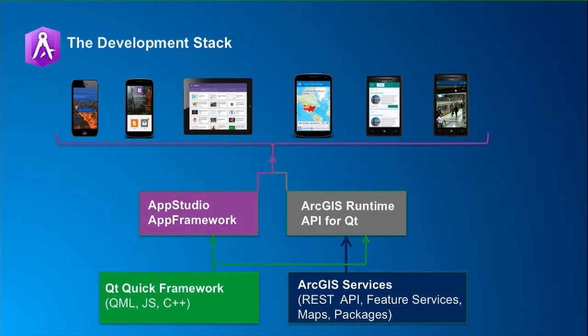So basically, all of the functionality available from Runtime Qt QML can be added and used in AppStudio apps. So it brings the power of mapping and GIS into your app. You can also not use it, but you can. Underneath that, we are using a technology called Qt Quick Framework that consists of QML, JavaScript, and C++. And underneath the runtime, it uses the REST API, feature services, maps, and packages.